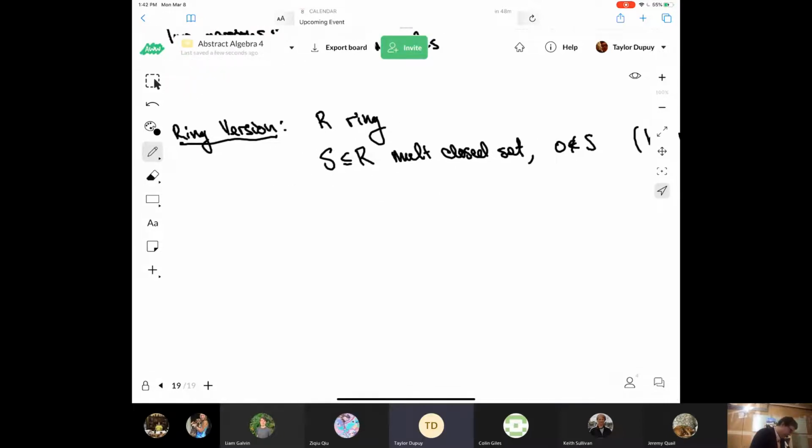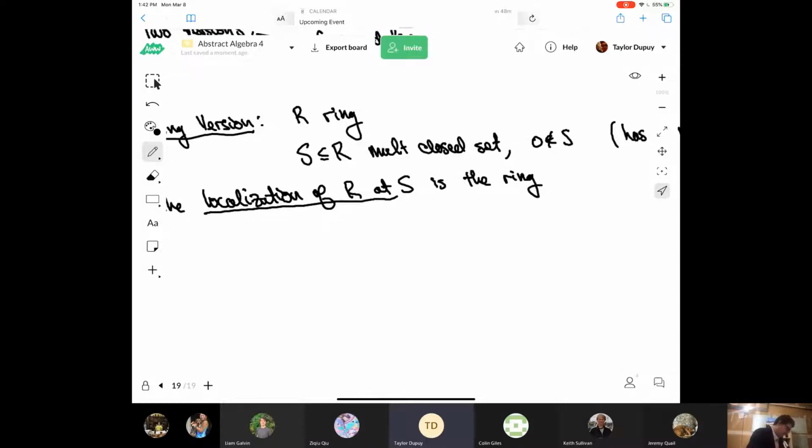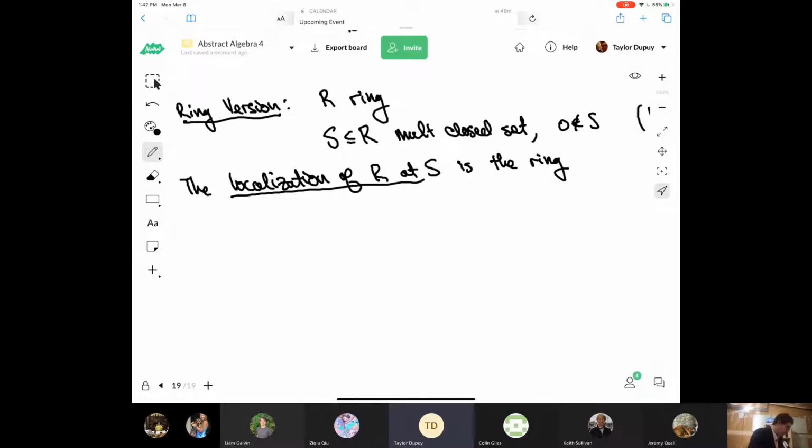Okay. And so we define the localization of R at S, which is the ring R_S. Okay, so there's a couple notations, right? One is S inverse of R. Another one is R_S.